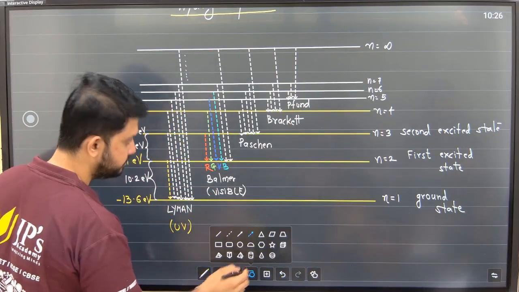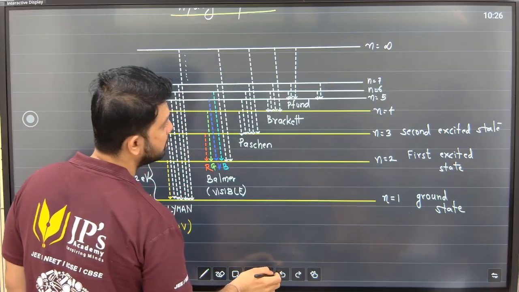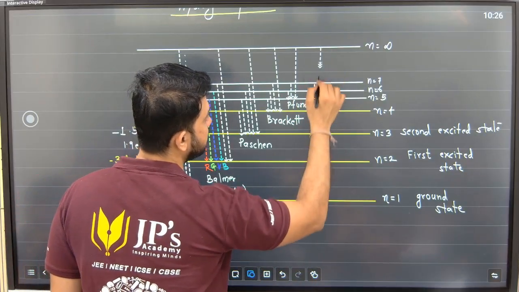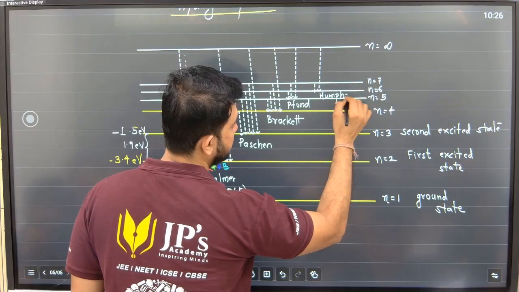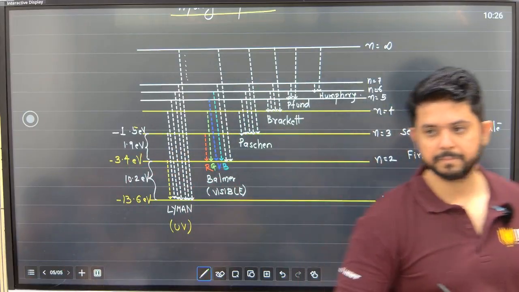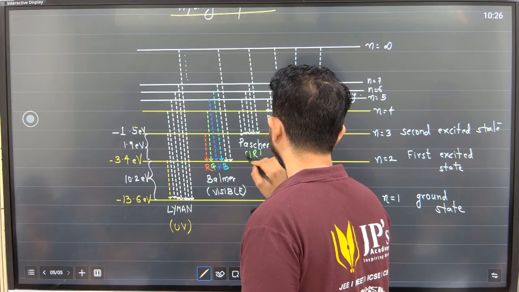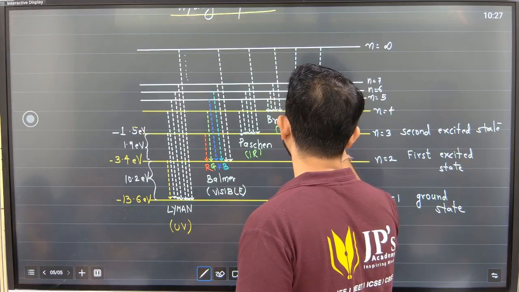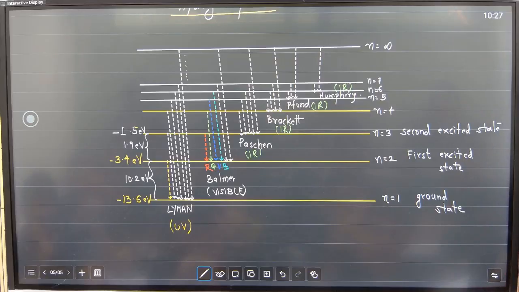And there's one more which is called Humphreys. All the others lie in the infrared region, infra to deep infra. What you get over here is called the hydrogen spectrum. Did you people get that? Excellent.